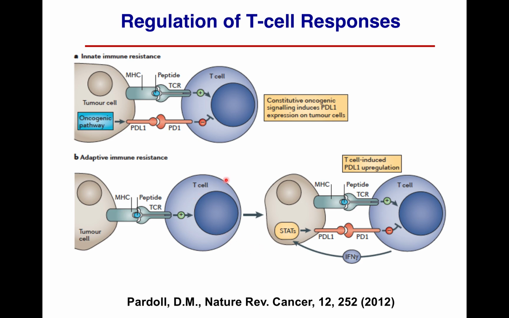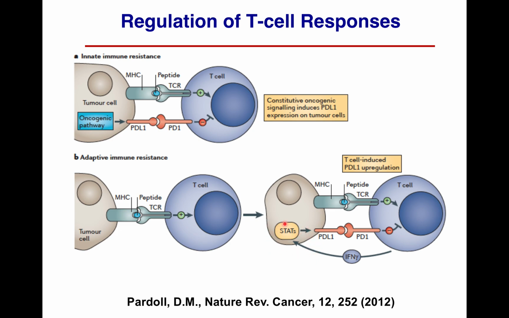Now, this is sort of part of an innate immune resistance of cancer cells. For adaptive immune response, when you have a tumor cell, the T cell will produce interferon gamma, and the interferon gamma is picked up by the tumor cell, and the tumor cell says, "Hey, I'm being attacked," I'm sensing interferon gamma, there's T cells around, I'm going to produce PD-L1.